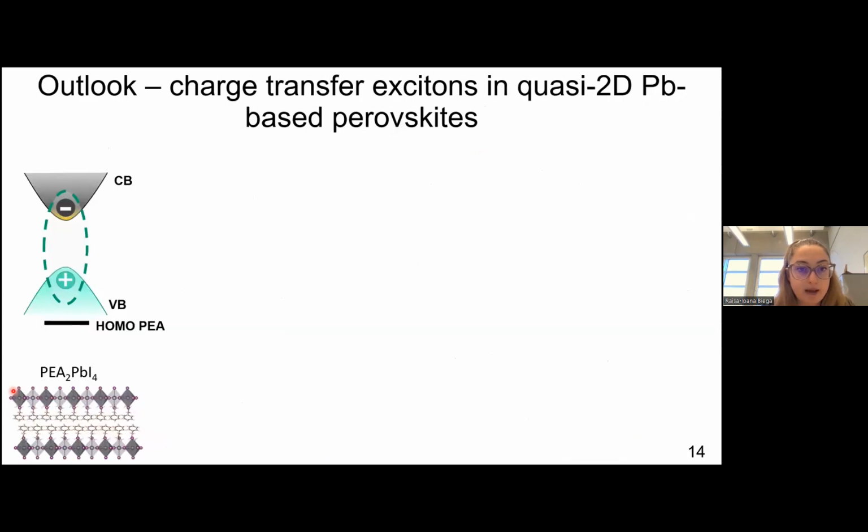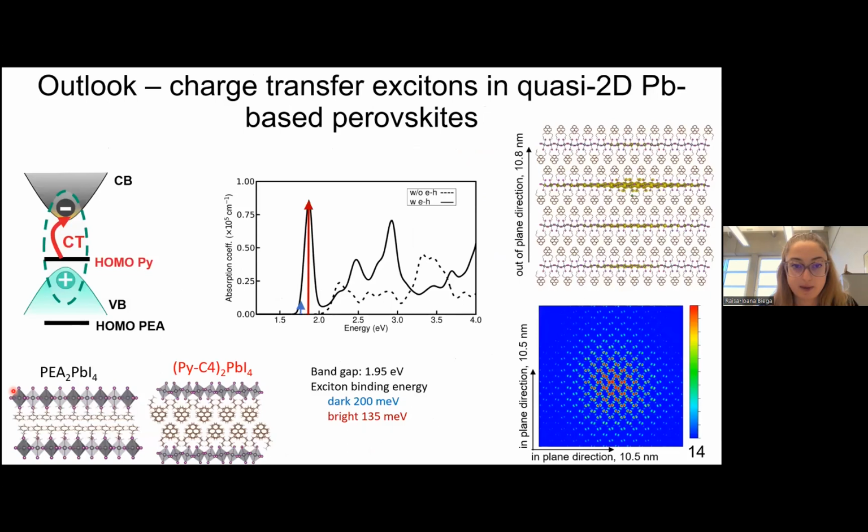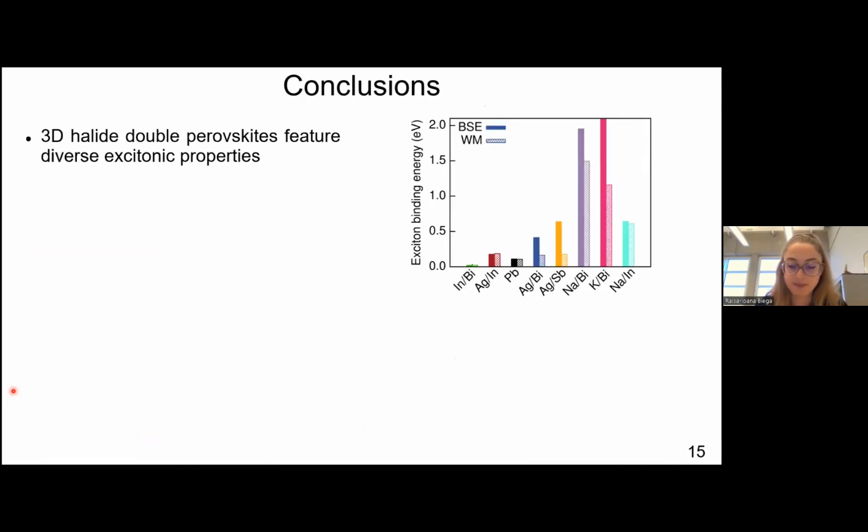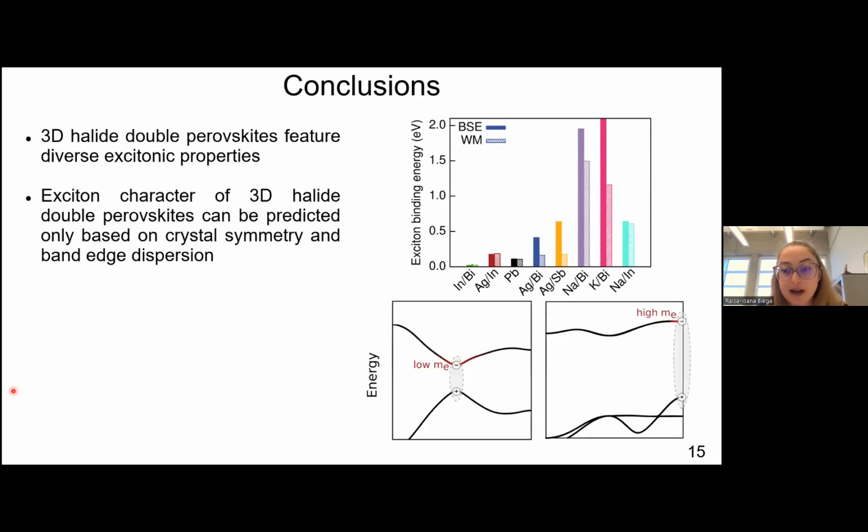So I'm gonna skip the outlook because I am a bit late, but I'm just gonna conclude now and say that I have tried to show you how we calculate excitonic properties, and I showed that the 3D perovskites have very diverse excitonic properties, but now we can understand them, and we can basically predict them only based on the crystal symmetry and band edge dispersion.